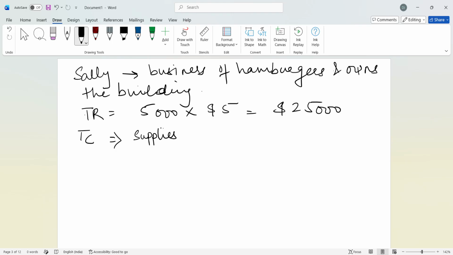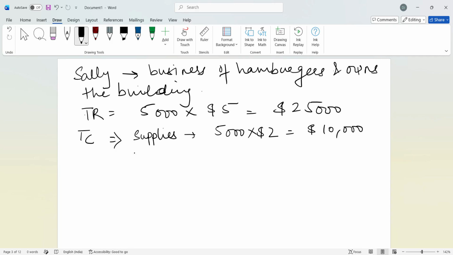Supplies basically means bread, meat, lettuce, whatever she puts in a hamburger. So that turns out to be 5,000 hamburgers she's making, at $2 per hamburger. So my total cost comes out to be $10,000.